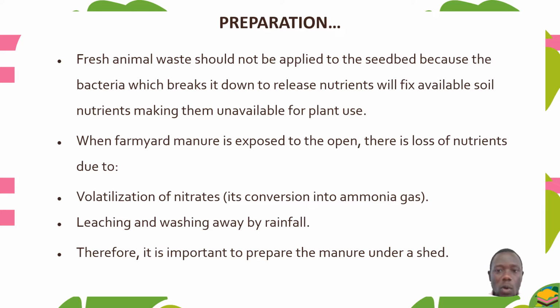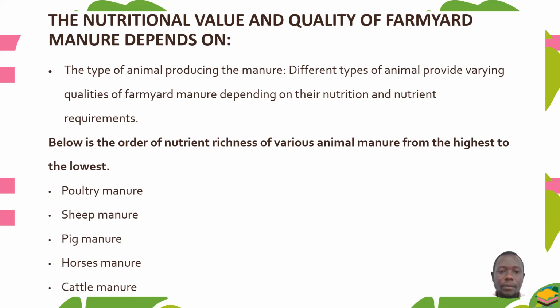Leaching is the going down of nutrients to layers where plants cannot reach. That is known as leaching. Therefore, it is important to prepare the manure under the shade.